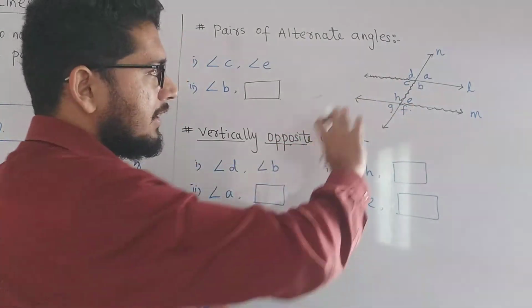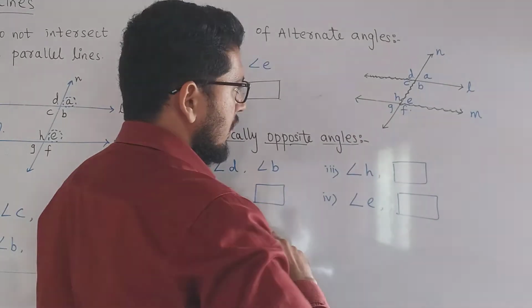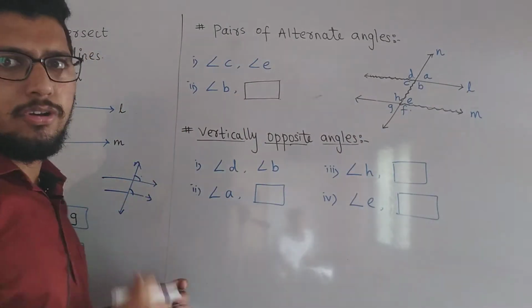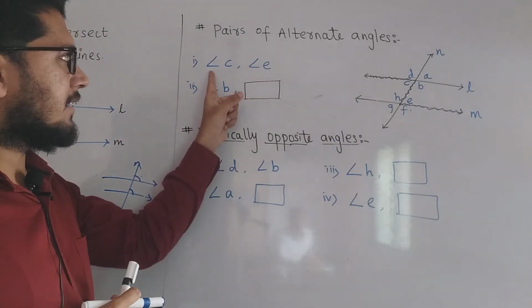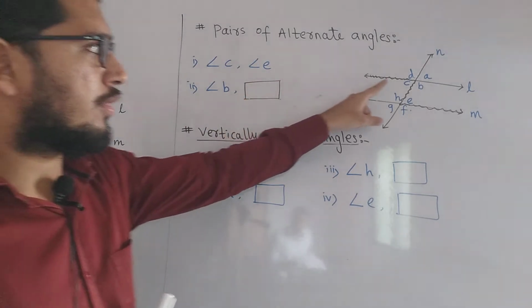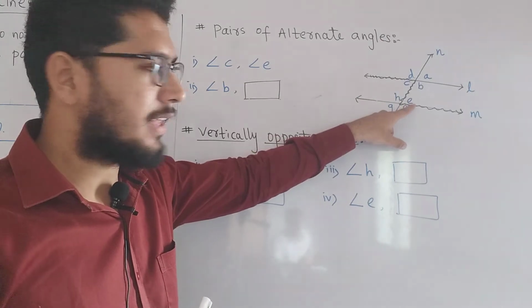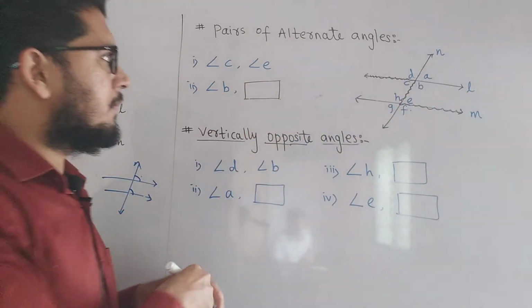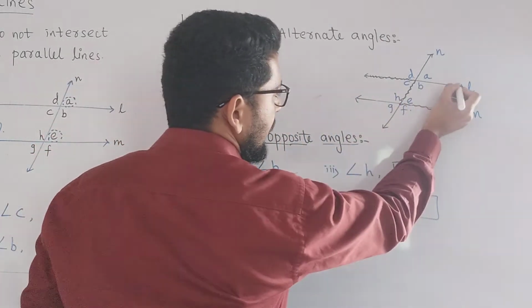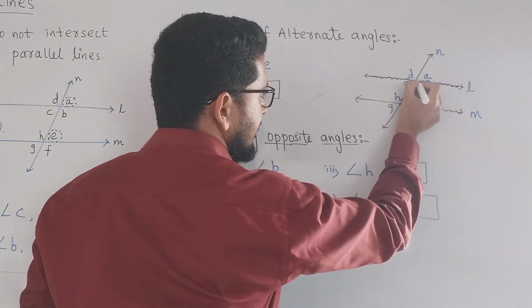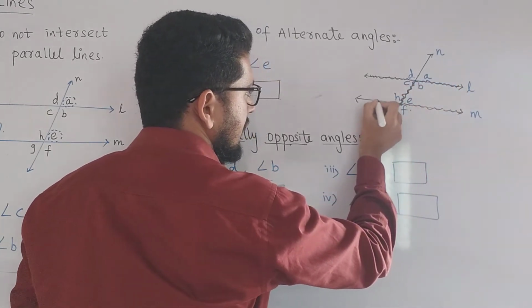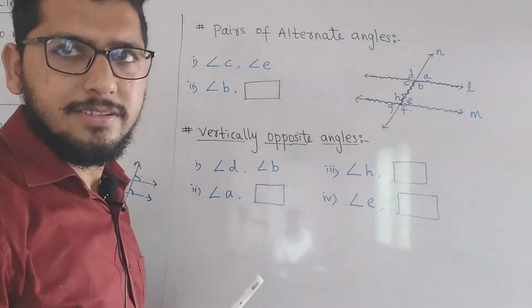Similarly, if I make this Z in reverse, what will be the alternate angle of angle B? Angle C is alternate with angle E. Similarly, angle B has an alternate angle; suppose this is the Z, you can see here, this Z is forming.